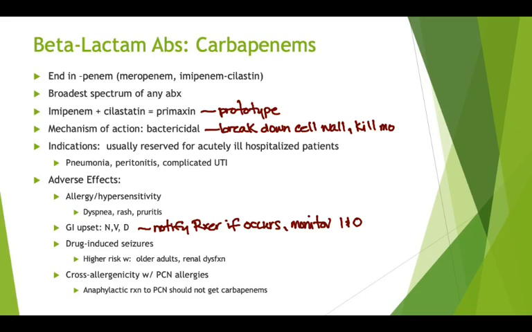Your imipenem and your cilastatin, which is your Primaxin. Primaxin is a prototype drug. Right now, it's not out, but it's being used as a prototype. In this class, it's one of the broadest spectrum ones. Mechanism of action, these are also bactericidal.